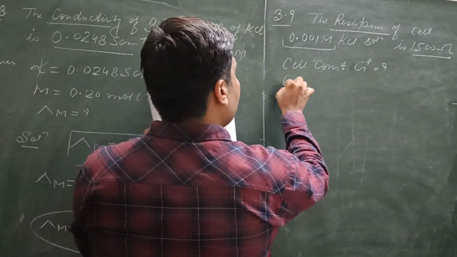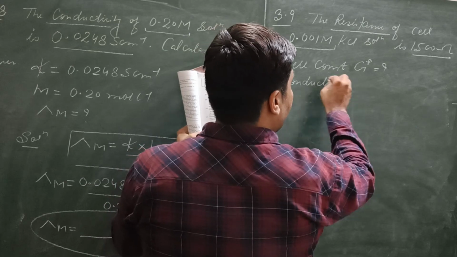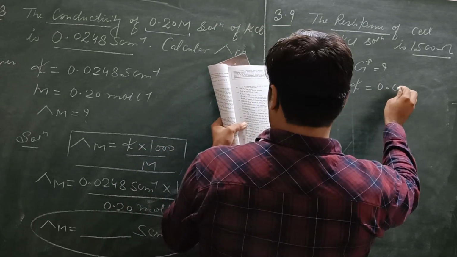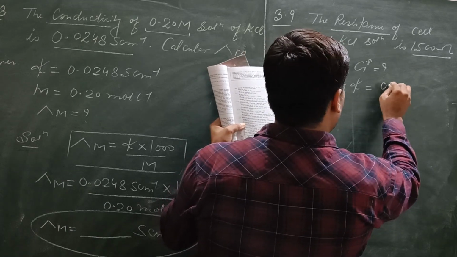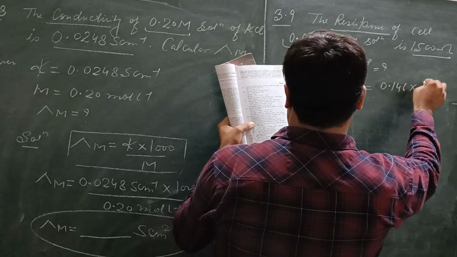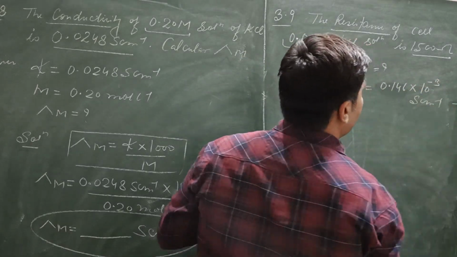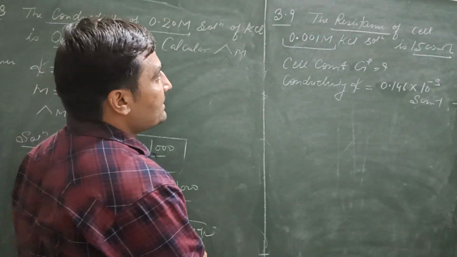The conductivity kappa of 0.001 molar solution is given, 0.146 into 10 raised to the power minus 3 Siemens centimeter inverse. Let's take what are the given conditions.